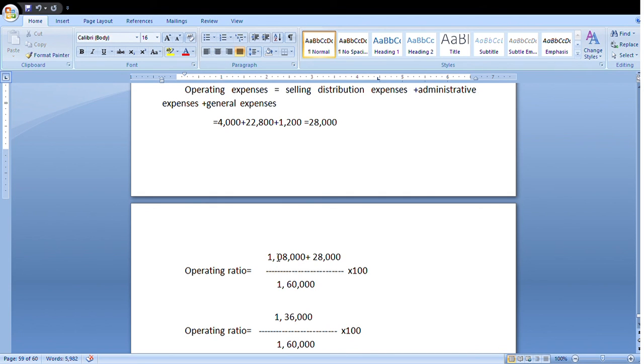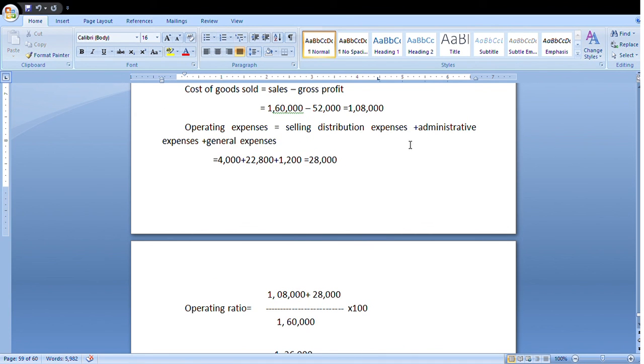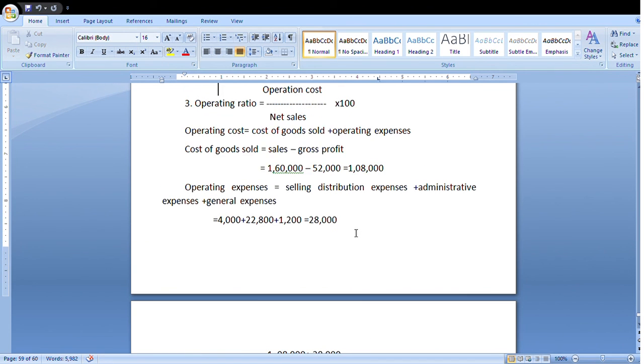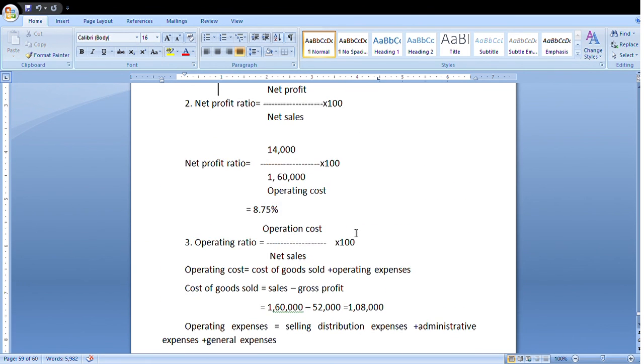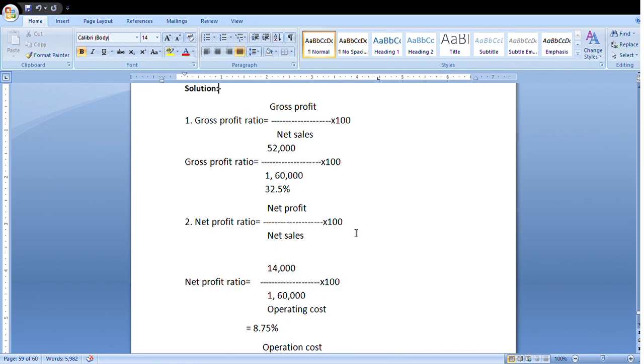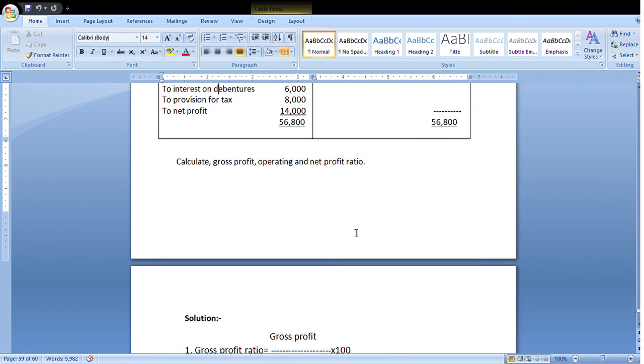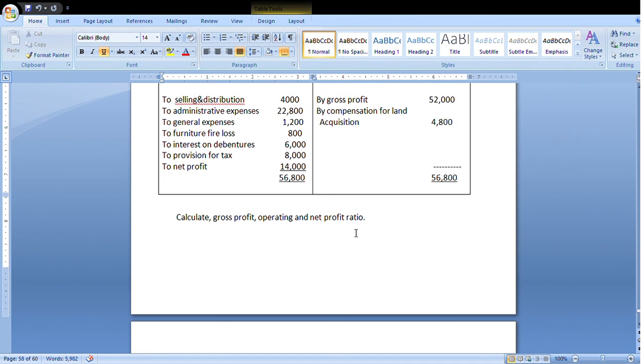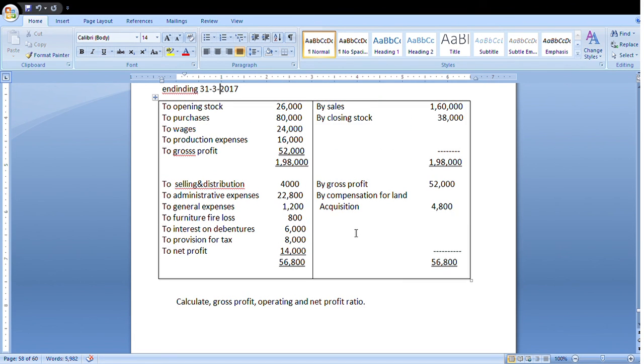Cost of goods sold already calculated: 1,08,000, plus operating expenses 28,000. By sales in the problem.